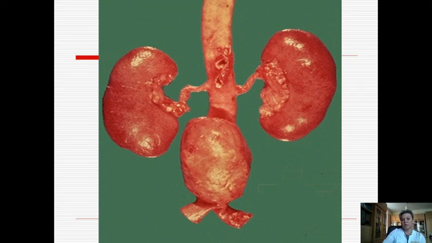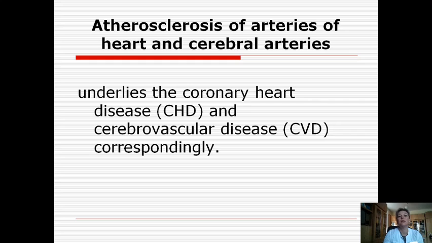As a result of formation of an aneurysm, we can see the complication of rupture of the wall of the aorta and bleeding, lethal bleeding.